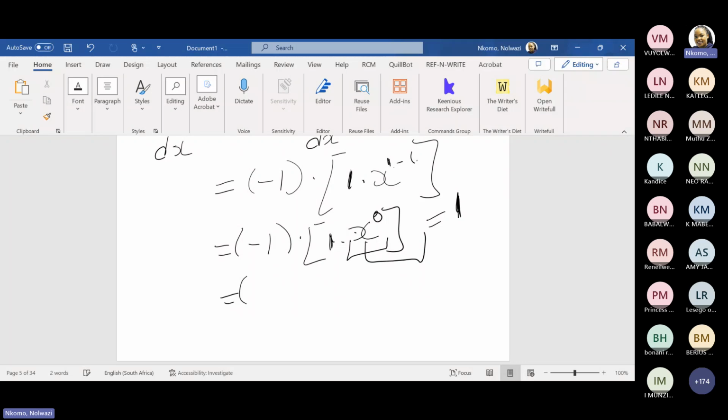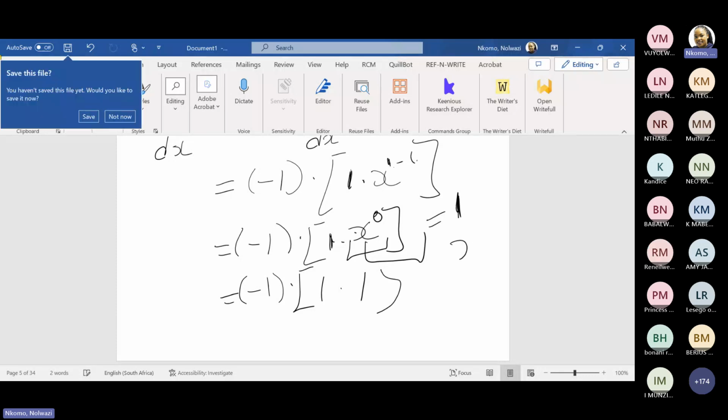Wait, sorry, ma'am. Can you please repeat that rule? Any number raised to the power 0, besides 0, is equal to 1.